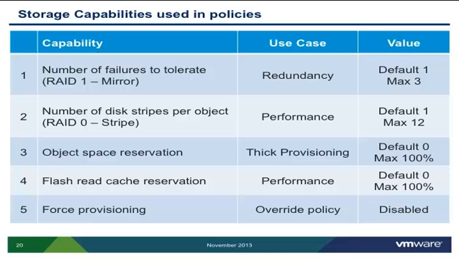So you can override. In other words, if you put together a policy and the resources are not in the cluster to meet the policy, the virtual machine won't roll out by default. But if you wanted to roll out because of whatever is going on in the cluster, and be aware this is something you could shoot yourself in the foot with, you can actually roll out that virtual machine even though it doesn't meet the policy setting.